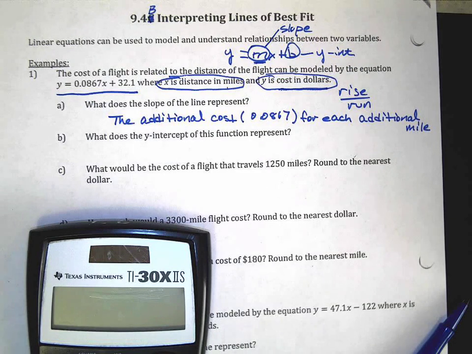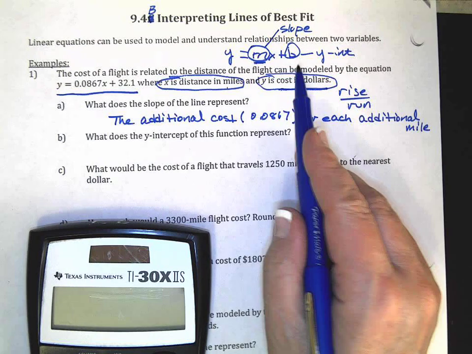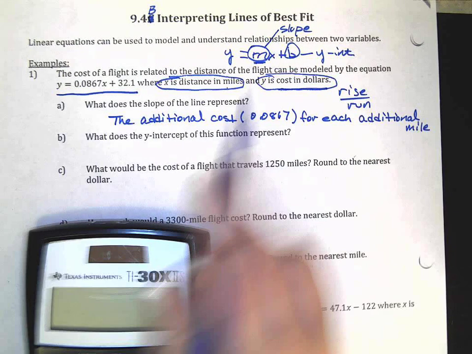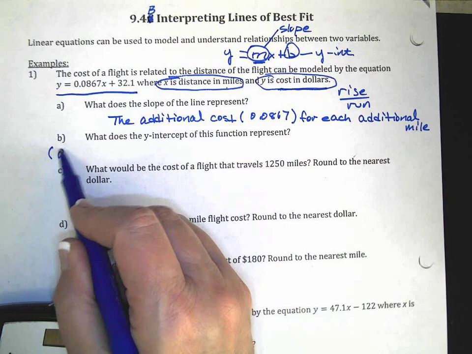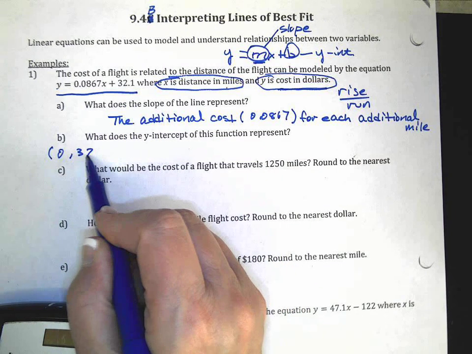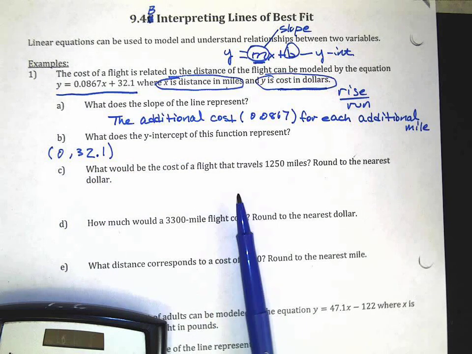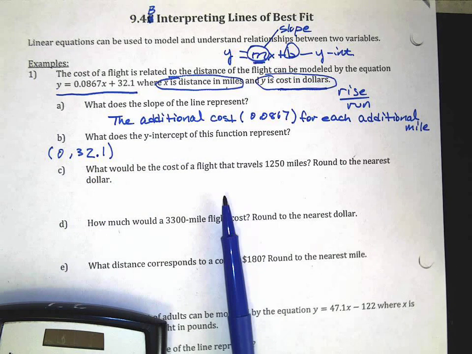So for part B, what does the y-intercept of this function represent? So remember, b, the y-intercept would be this last number here, this 32.1. And I'm going to have you write it as an ordered pair because I think that helps us in the explanation. So our y-intercept always has our x equal to 0. So our ordered pair is 0, 32.1.